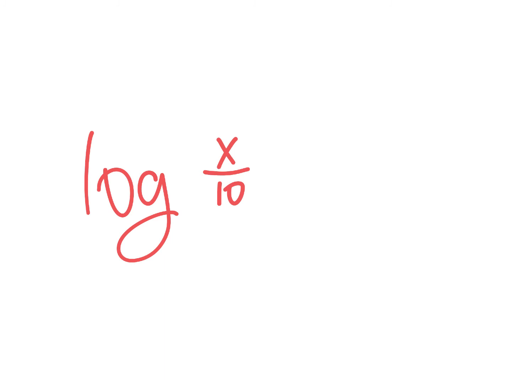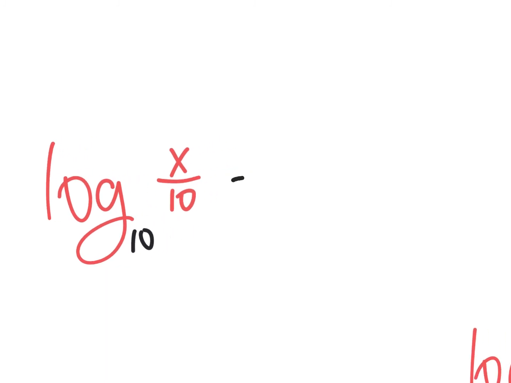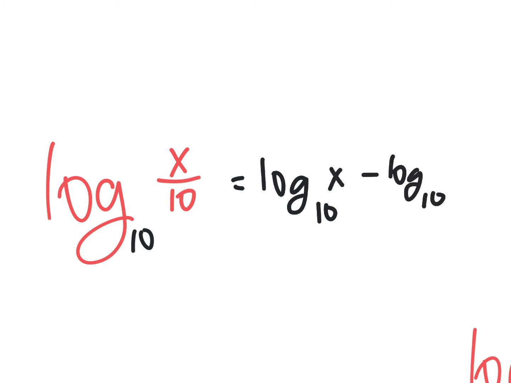My advice, whenever you see a log that doesn't have a base, it'll become all about the base. So go ahead and write that thing out. What is the base that's not shown? Base 10. And make sure you include that in your answer then. So this expands to log base 10 of x minus log base 10 of 10.